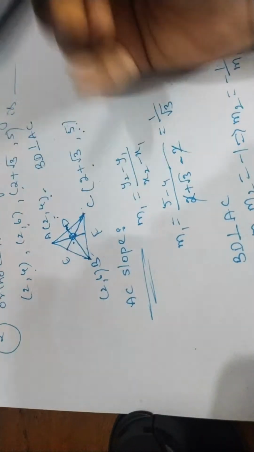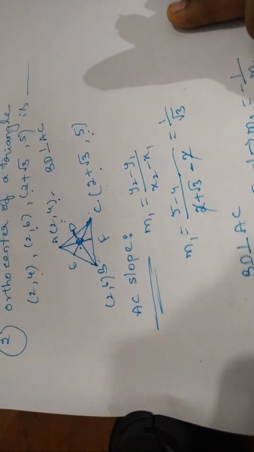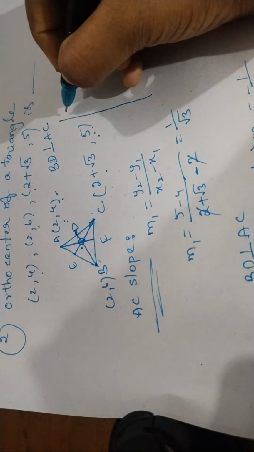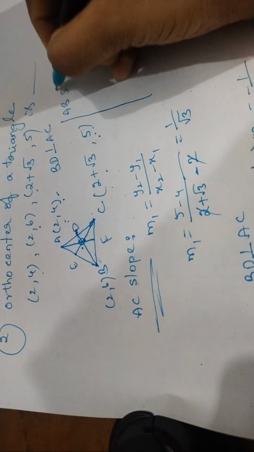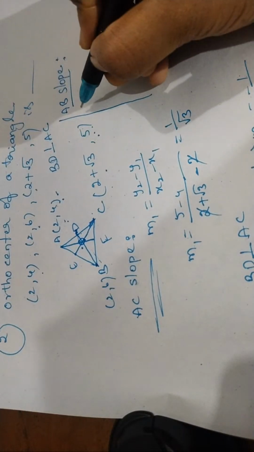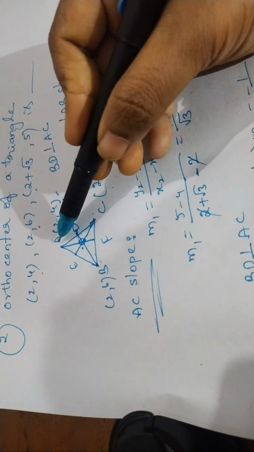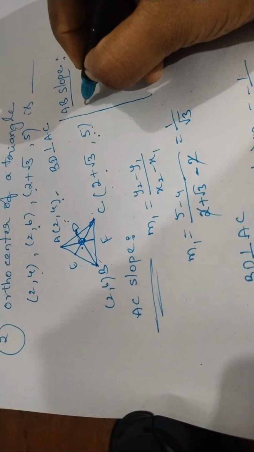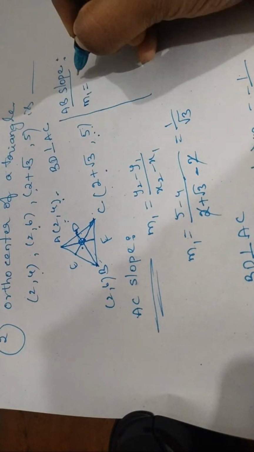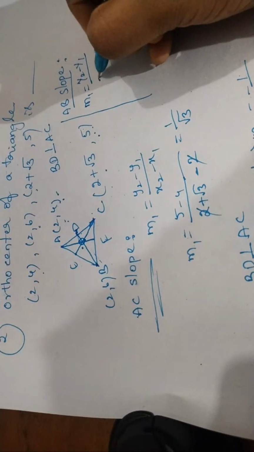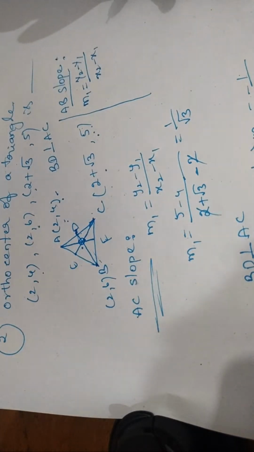Now find the AB slope. How can we find this AB slope? We know the A point and B point. Then what is the slope of this one? M1 is equal to Y2 minus Y1 divided by X2 minus X1.